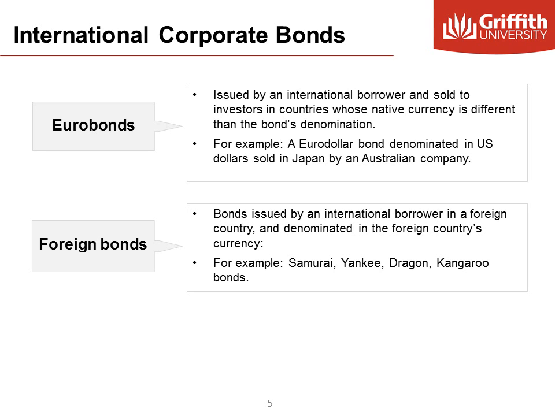Bulldog bonds, pound sterling denominated bonds which are issued by non-British borrowers in the British market. And Heidi bonds, for example, franc denominated bonds which are issued by non-Swiss borrowers in the Swiss market, and so on. Rembrandt bonds, Matador bonds, and so forth.